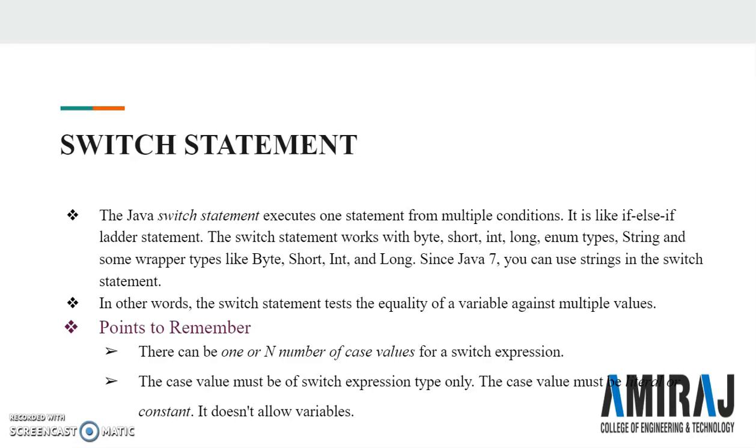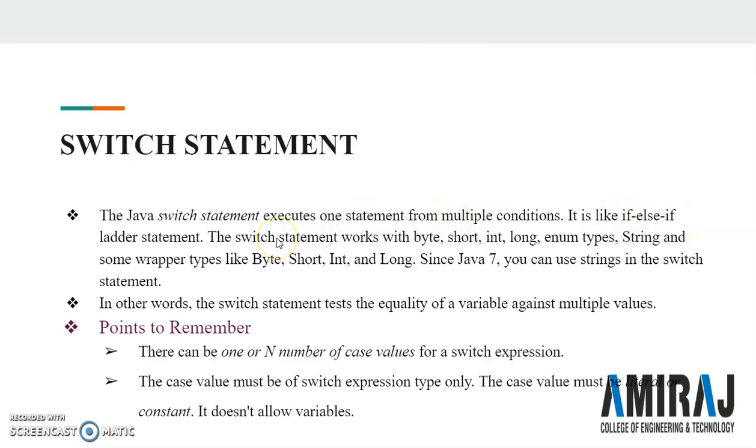After that, the switch statement. The switch statement executes one statement from multiple conditions. It works like the if else if ladder statement which we previously showed. When you have more than one condition at a time, you can use if else or a switch statement.